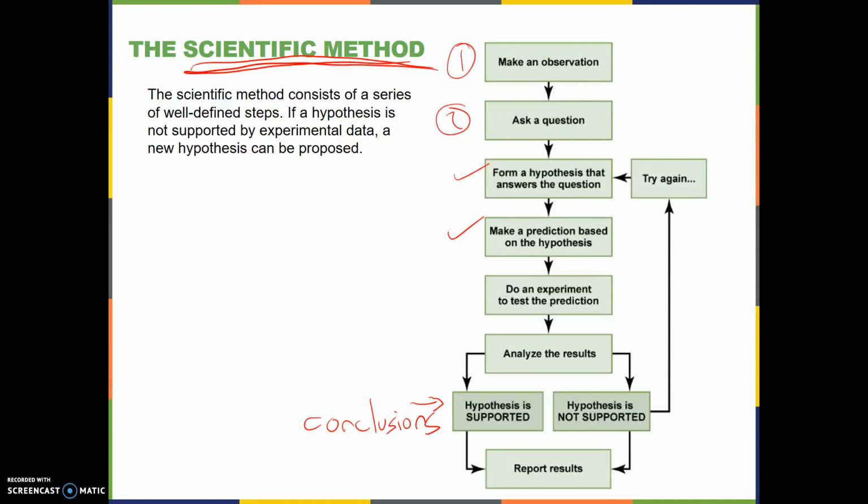What is not shown in this list is that before we formulate our hypothesis, a suggested explanation or a suggested answer to the question, we're probably going to do some research. But after gathering as much information as we can, we're going to formulate a hypothesis that answers the question.